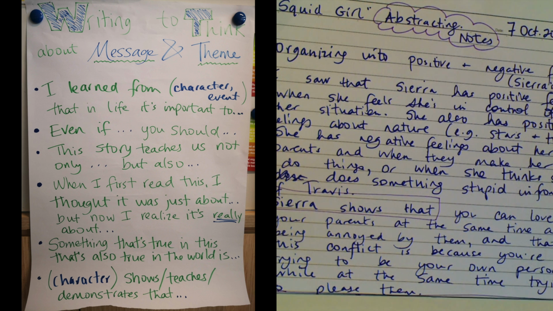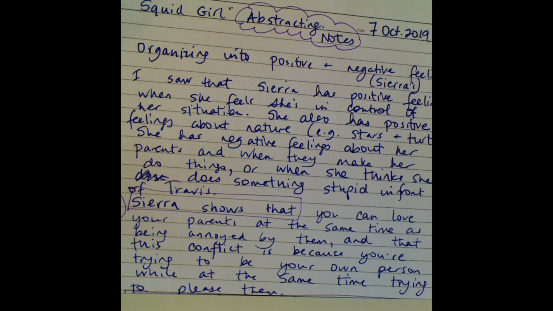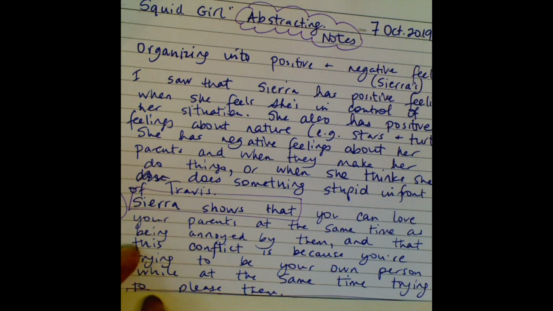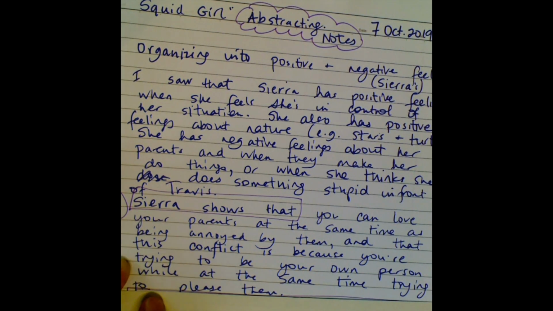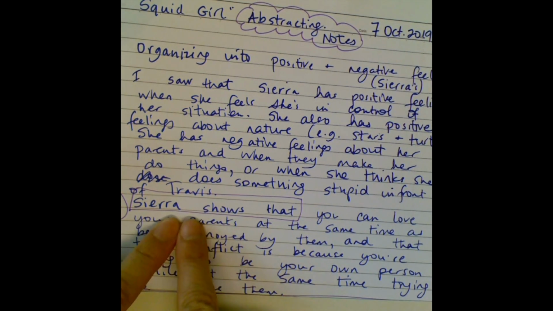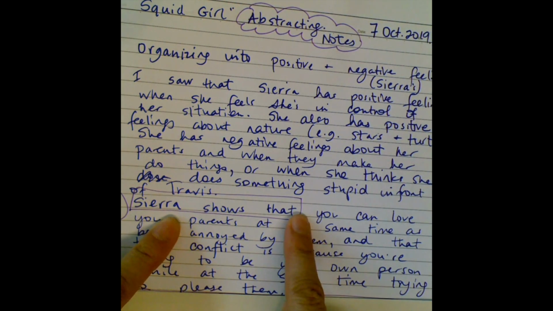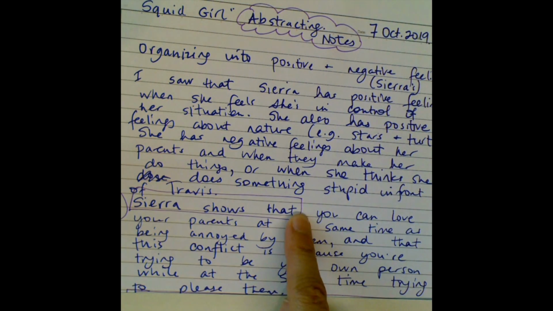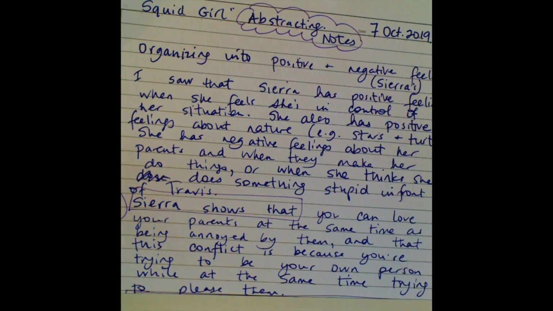Sierra shows that you can love your parents at the same time as being annoyed by them, and that this conflict is because you're trying to be your own person while at the same time trying to please them. So this I wouldn't have noticed unless I'd done the organizing, but now this prompt, "the character shows that," helps me to figure out what the story is really about.